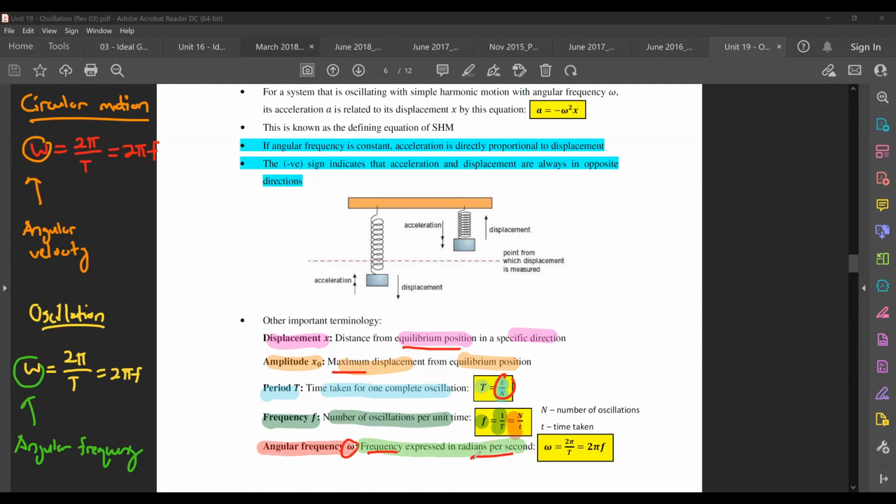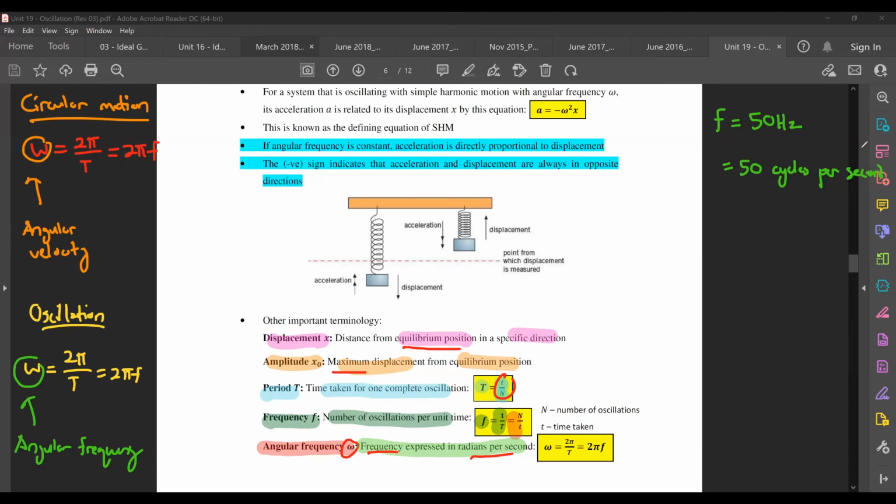Now, to make better sense of this, you think of it this way. If I tell you the frequency of oscillation of something is 50 hertz, what you understand is that at 50 hertz, you have 50 cycles per second.